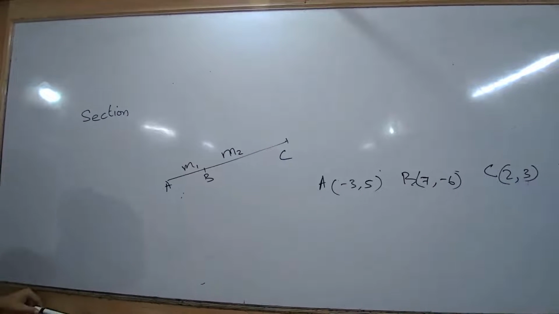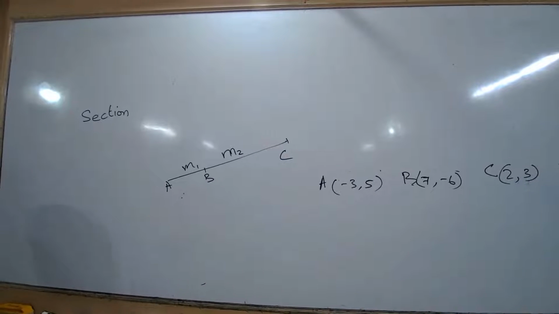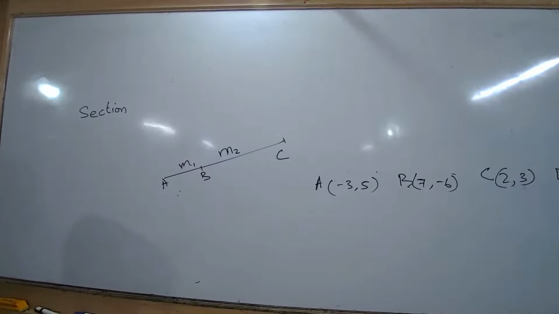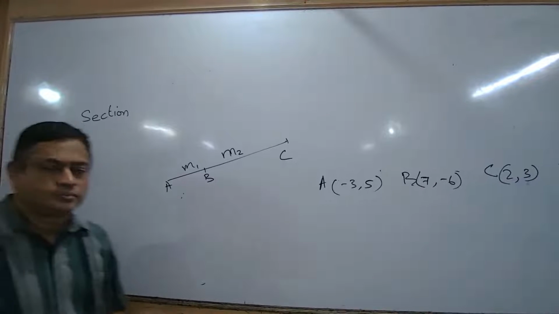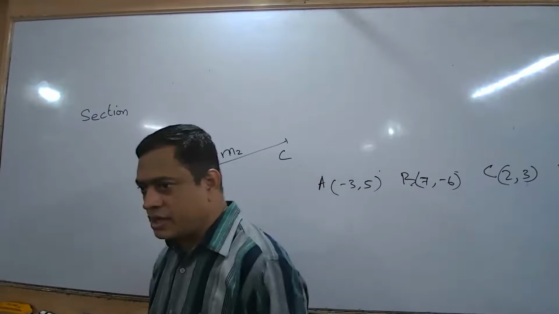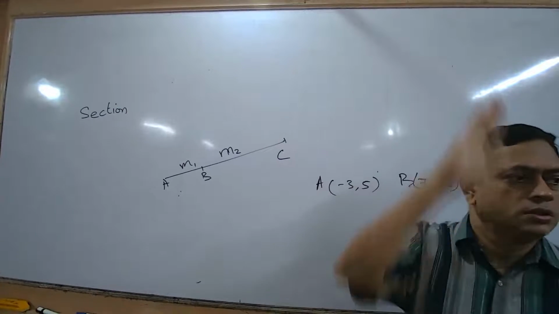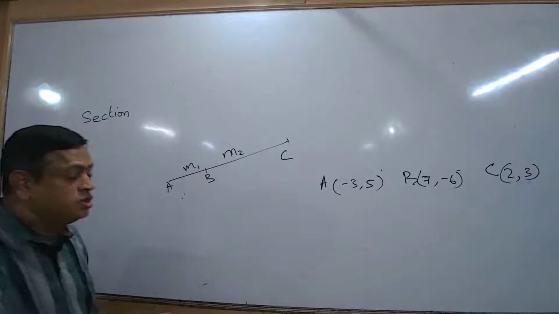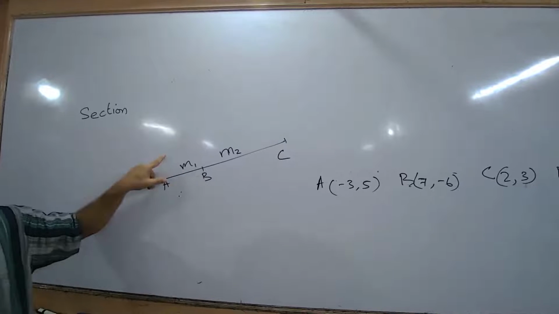So B divides AC in the ratio M1 to M2. The section formula means finding the coordinate of the division point.